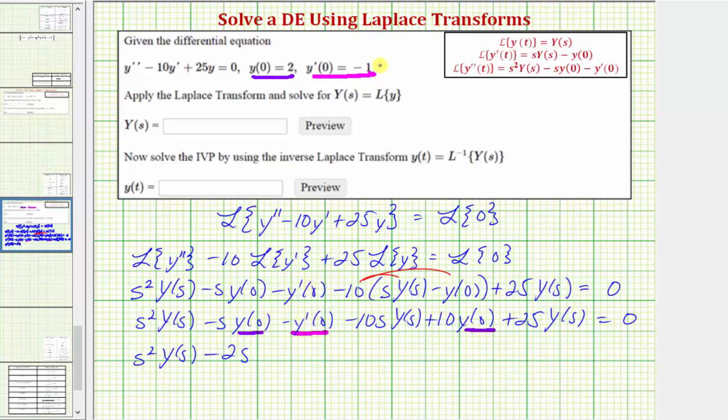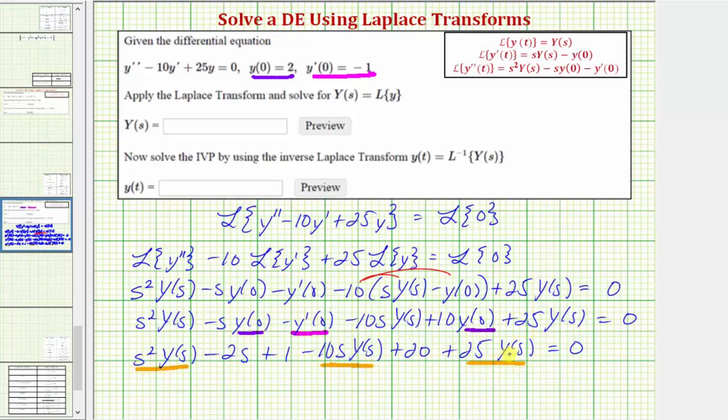Here we'll have minus negative 1, which would be plus 1, and minus 10s big Y of s, and then plus 10 times 2, so we have plus 20, plus 25 big Y of s equals 0.